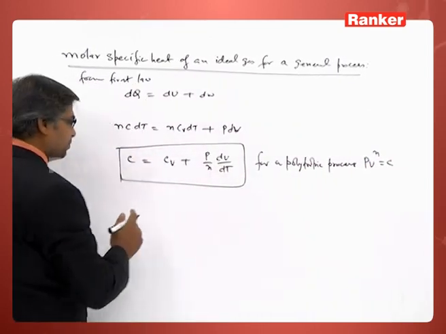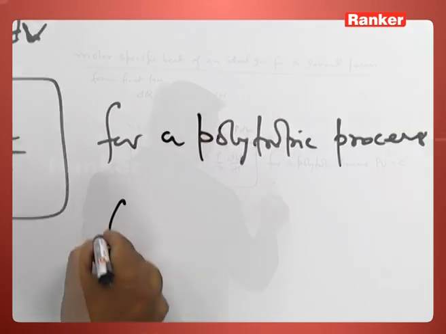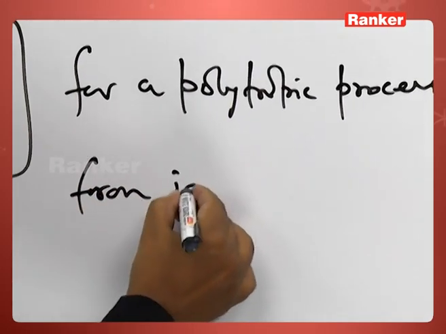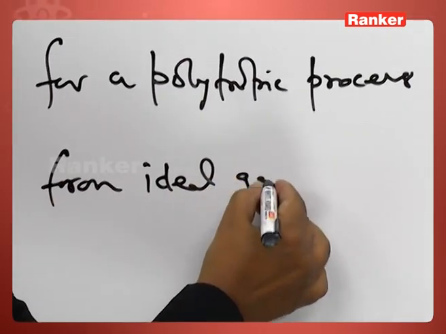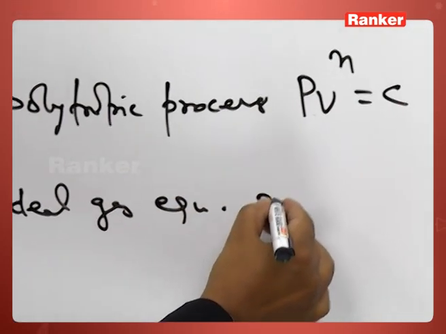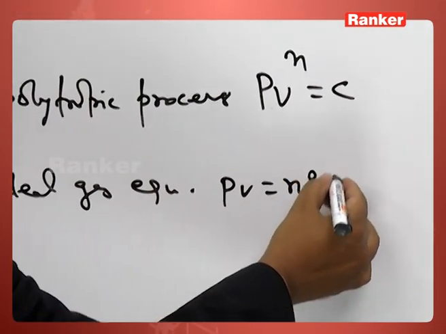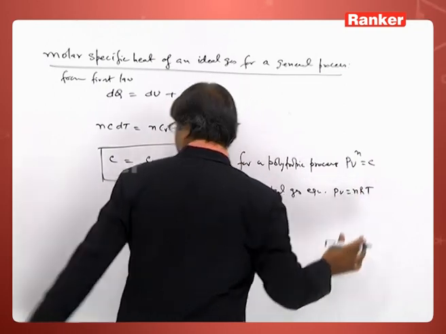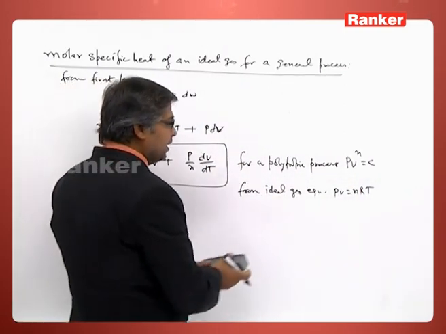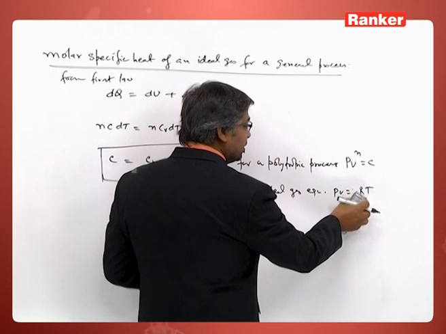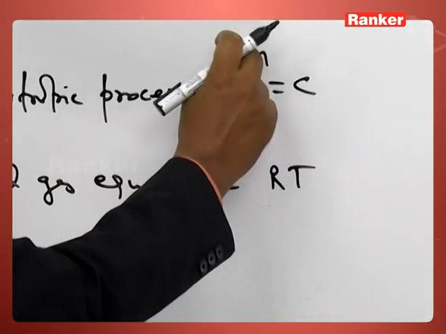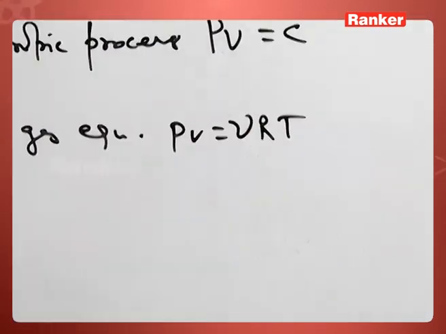Now from the ideal gas equation, we have PV is equal to nRT. Let us write PV is equal to nu RT, with number of moles as nu, so that this n and the other n do not mix up.